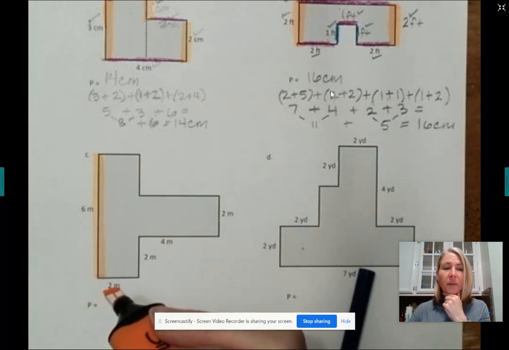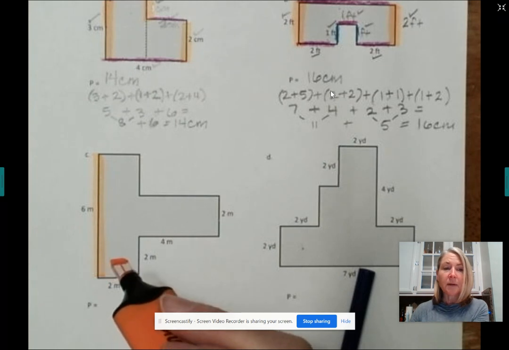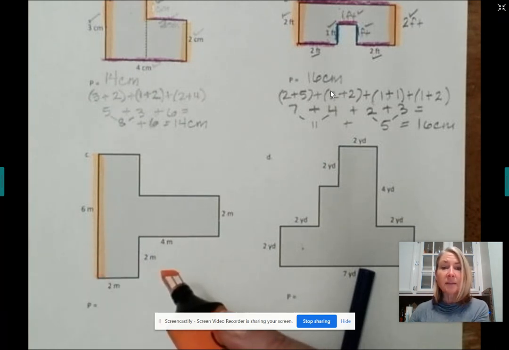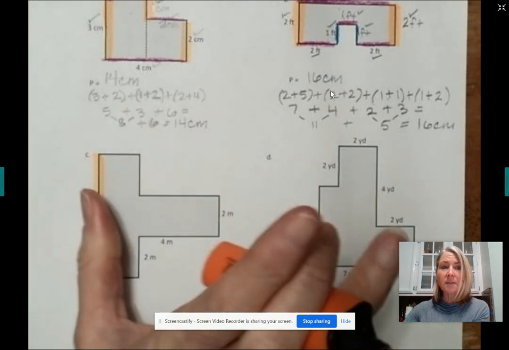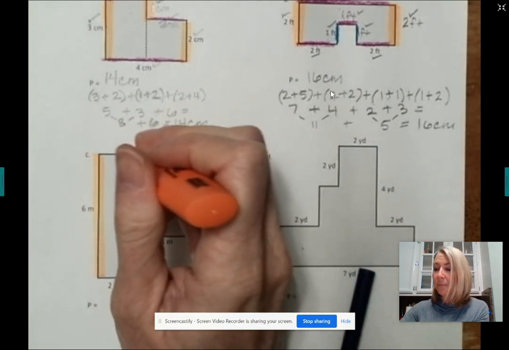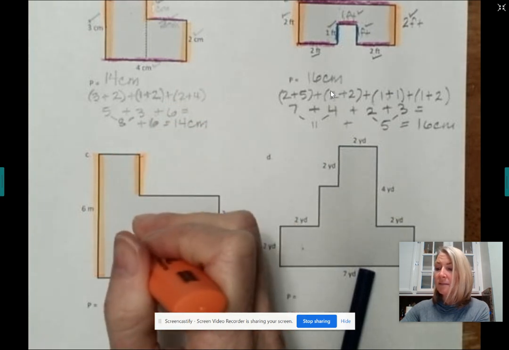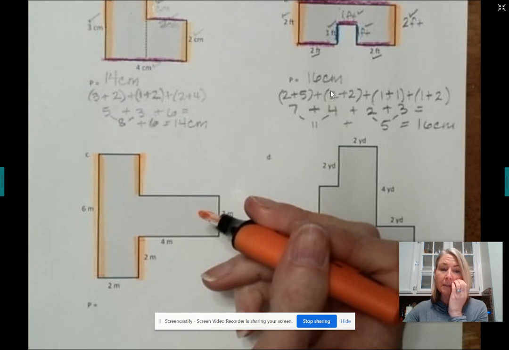Now, this 6 is running vertically, right? Standing up and down. So what I want to do is any other line that is standing up and down or is vertical, I want to highlight that orange. Okay, so looking across my next set, I see a vertical line here. It's going to relate to that 6 meters because it's also vertical and it's on the opposing side.